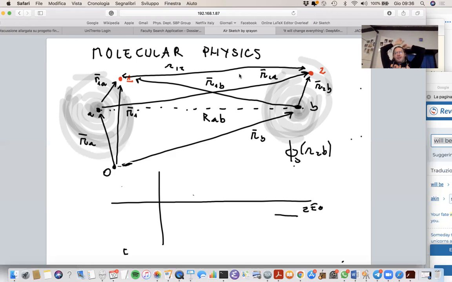Every single particle will be far from each other, then clearly the electron will stop experiencing any force, or sorry, in quantum mechanics there's no force, but any interaction with any other electron or any other proton in the system, and the energy will be zero. However, I am assuming that these two electrons are close to their respective nucleus, so they will form an electronic bound state, and therefore, if the two systems are very far, we expect the energy to go to twice the energy of the hydrogen atom. So that's roughly speaking minus 27 electron volts or something like that.